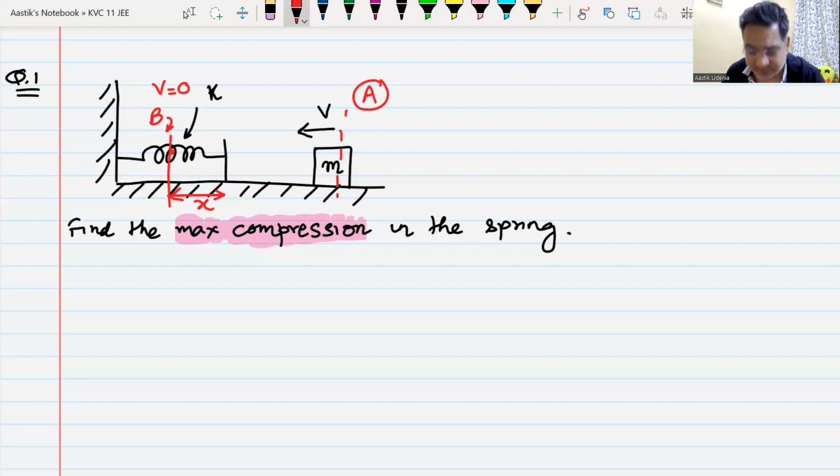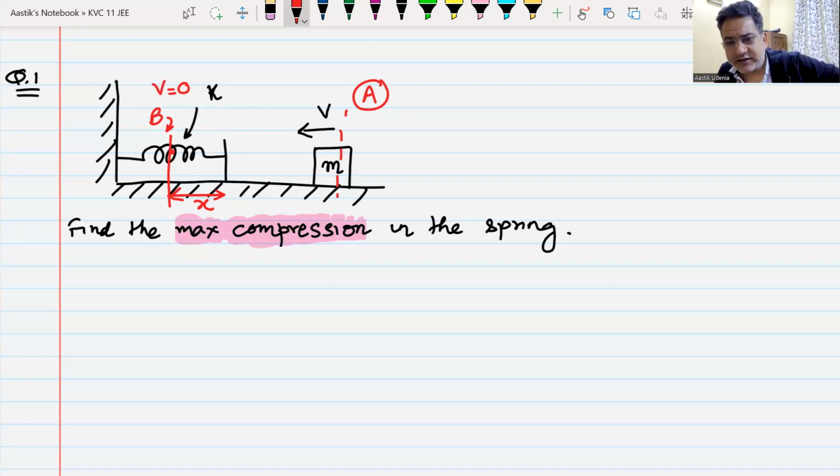What is the work done by the normal reaction here? Zero, sir. What is the work done by gravity here? Zero, sir.